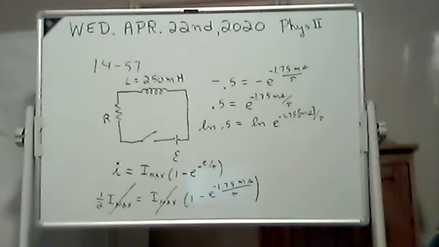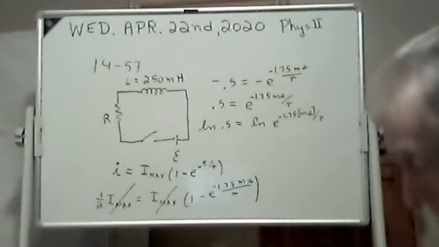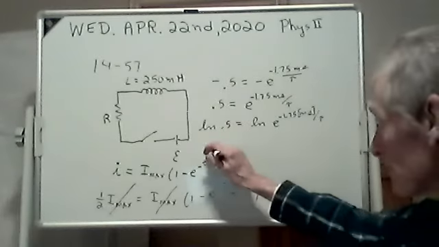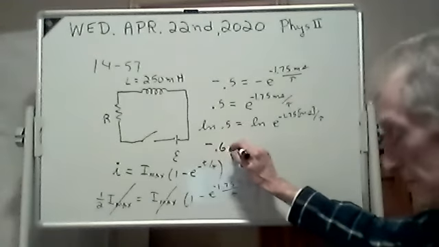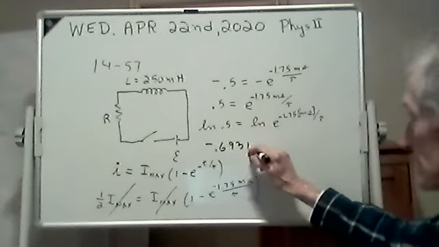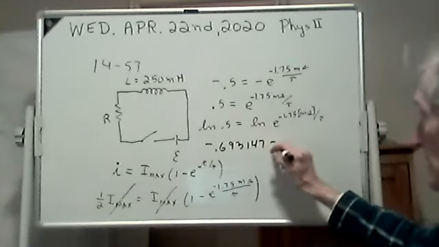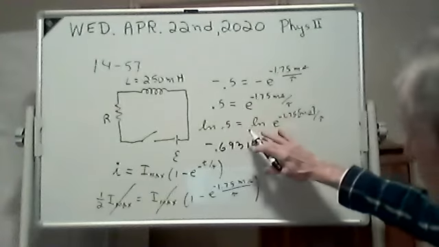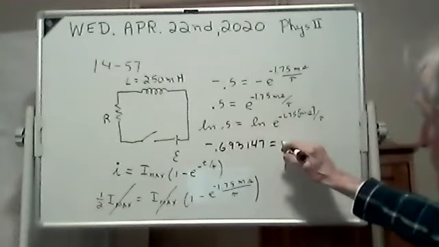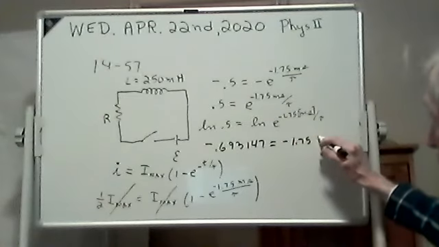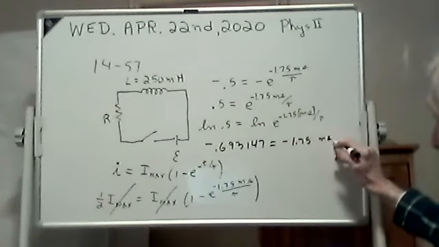That's milliseconds, okay? Now, when you do that, here's what I get. I get a negative 0.69 blah, blah, blah equals, you know, when you take the natural log of e to the something, guess what you get? You just get the something. It's a math thing.